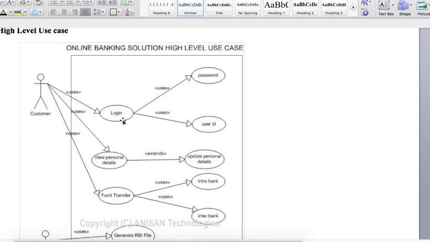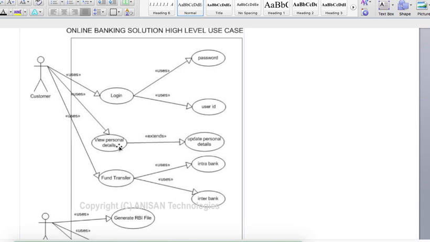If you see here, the functionalities are login, view personal details, fund transfer, right? These are high level, and within login he sends the password and user ID, right? And view personal details is extended by update personal details as an option.